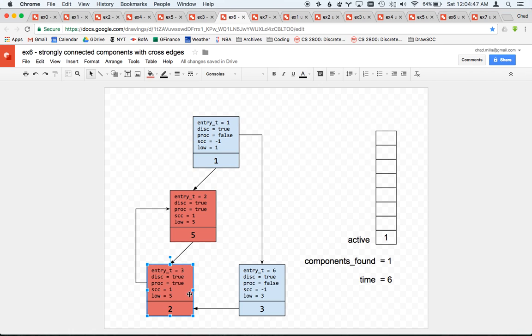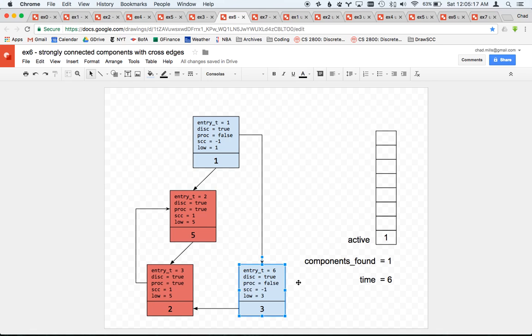So it's not possible to get from vertex 2 back to any ancestor of vertex 3, which means we don't need to worry about this cross edge. It's not going to complete any cycles for us. It's not going to contribute to any strong connectedness of the graph. Therefore, when we see this cross edge that points to a vertex that has already been assigned a strongly connected component, we simply ignore this cross edge.